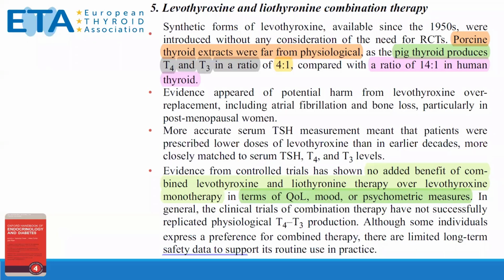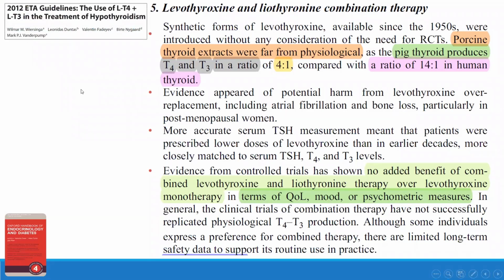Actually, I would like to mention that the European Thyroid Association published a 2012 guideline about this combination therapy in the management of hypothyroidism, and I will cover this guideline in the following few slides.